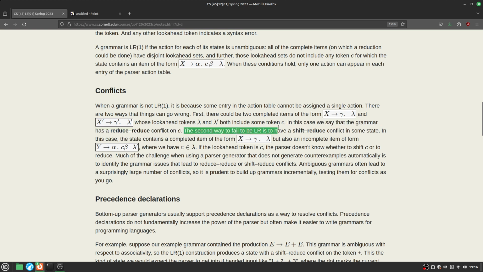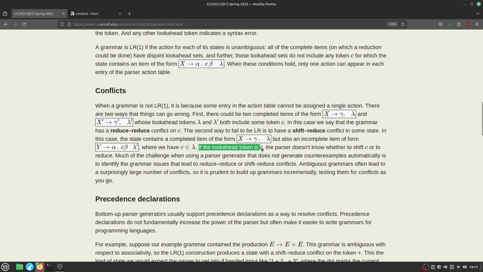The second way to fail to be LR is to have a shift reduce conflict in some state. In this case, the state contains a completed item of the form X tends to alpha dot, but also an incomplete item of the form Y tends to alpha dot C beta, where C is in the set of look-ahead tokens.